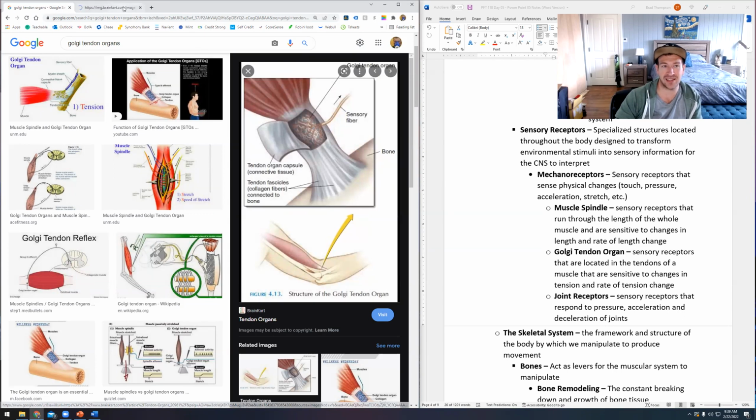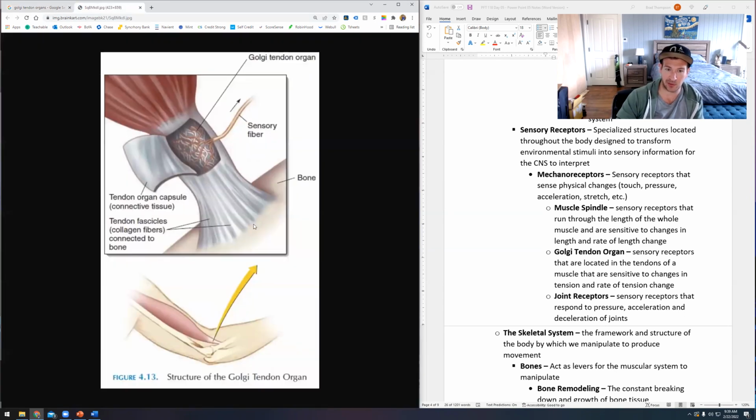Their job is to sense whether the collagen proteins holding this muscle onto the bone are about to lose their grip and your bone is about to become detached from your muscle. So the muscle spindles sense length, and the Golgi tendon organs sense tension.